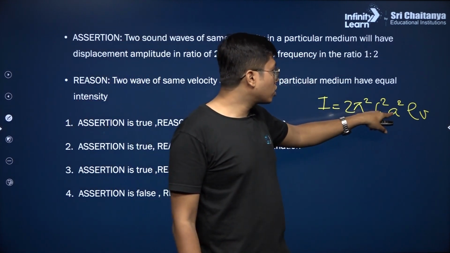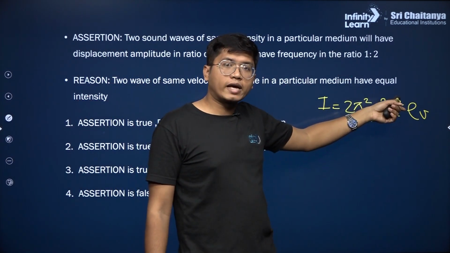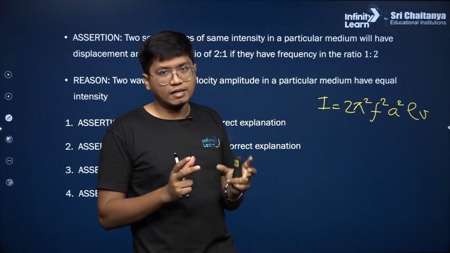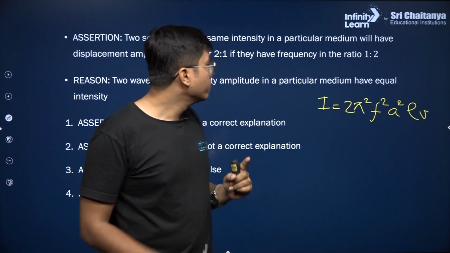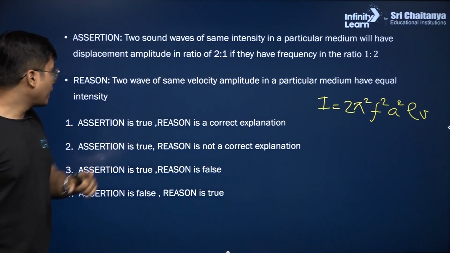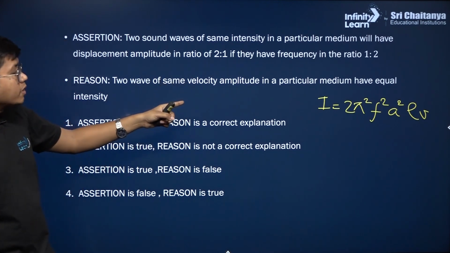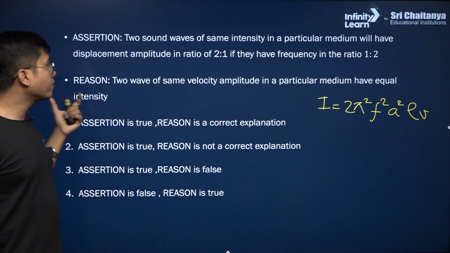That has to happen because if amplitude is multiplied 2 times, then frequency also has to be divided by 2 in order to maintain the balance, for them to have the same intensity. So assertion is correct.